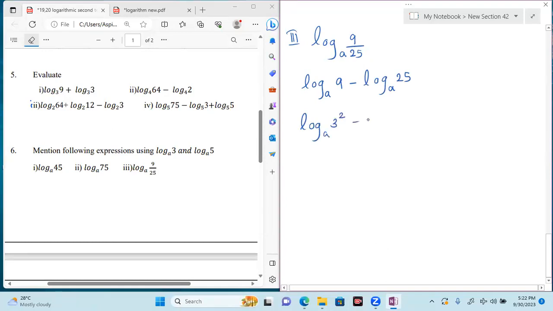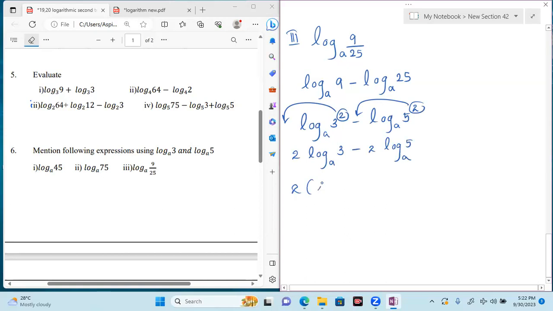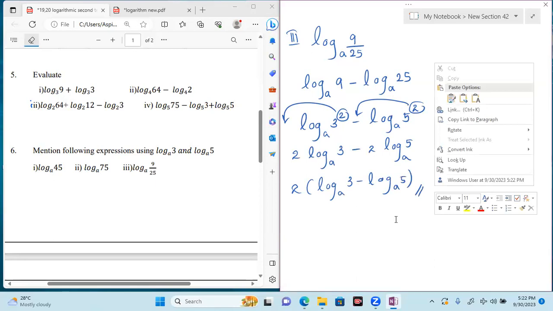Subtract logarithm of 25, which can be expressed as 5 to the power of 2. Then this 2 comes in front. Then we can write 2 times logarithm of 3 to the base a subtract 2 times logarithm of 5 to the base a. Now if you want, you can take 2 out. Then you can express this as a difference of two log terms, in this way. This is one way of obtaining the answer.